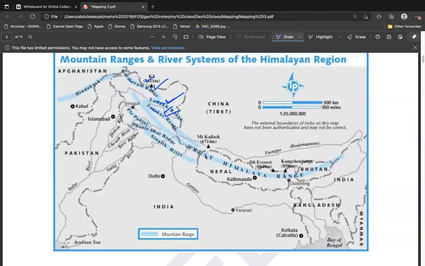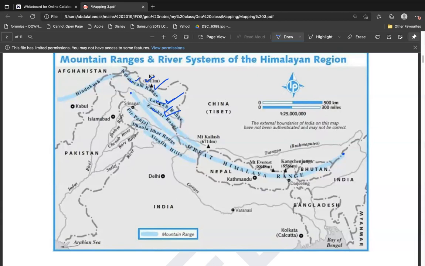If you see the Greater Himalayas, they are extending from here. There is Nanga Parbat here, and here there is Namcha Barwa. We have also seen the Brahmaputra River taking a southward turn in the northeast regions, and here near Nanga Parbat you will see the Indus River also taking a southward turn. We will go into the Greater Himalayas later on, but just have an idea about the arrangement of these mountain ranges.